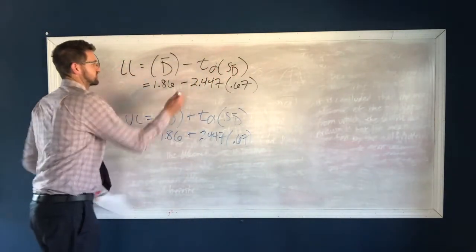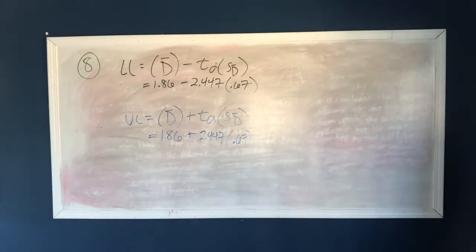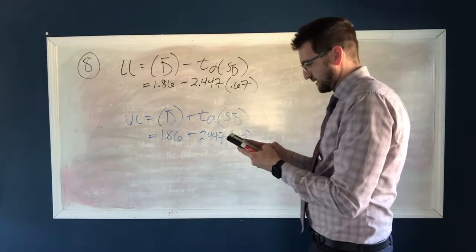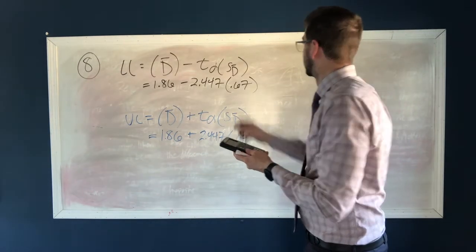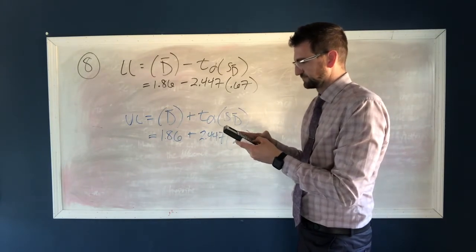Okay, adding, subtracting. Let's do this together. 2.447 multiplied by 0.67.